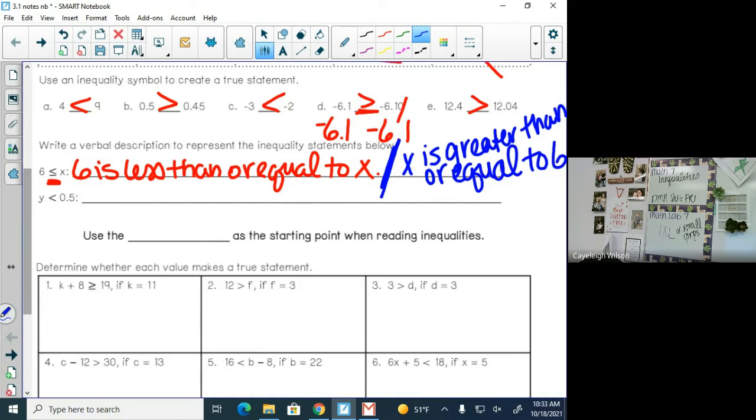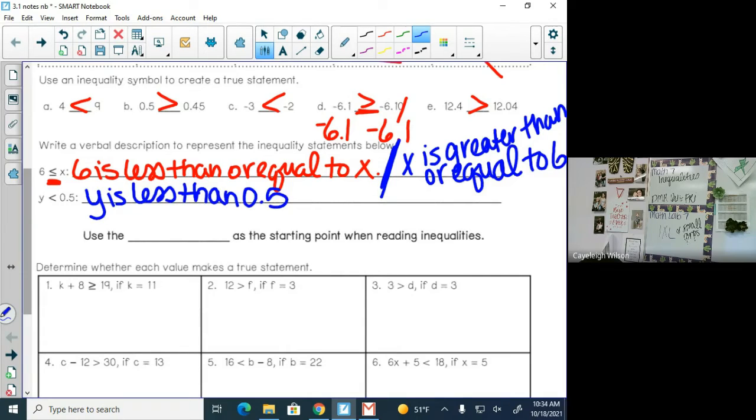All right, Aiden, why don't you tell me what you put? Perfect. All right, anybody else want to say it a different way? All right, okay, Sophia. All right, Brian. 0.5 is greater than y. I read mine from left to right, so I would have said y is less than 0.5.